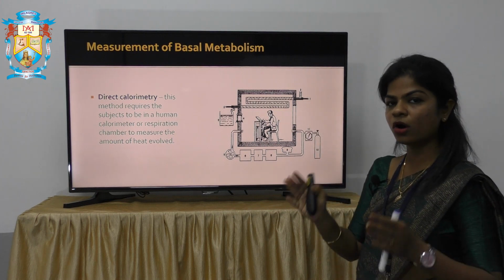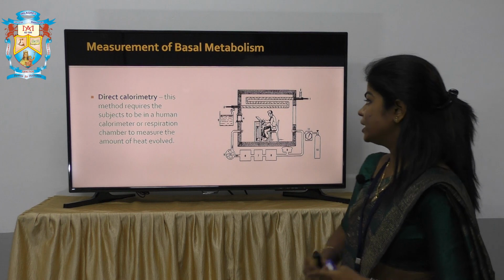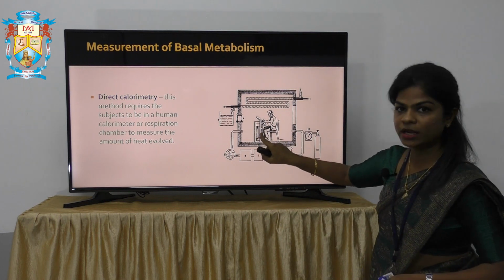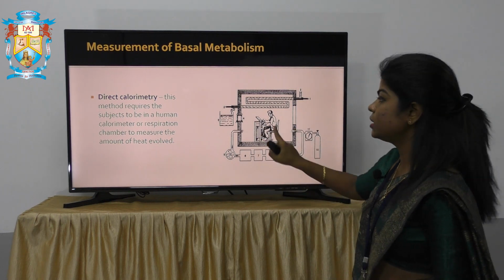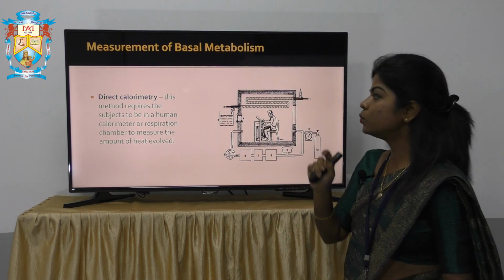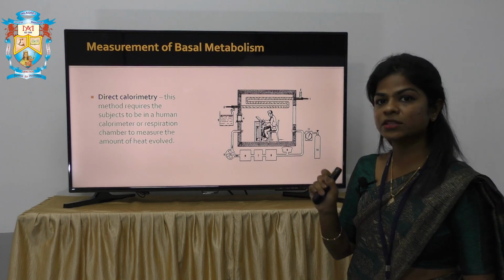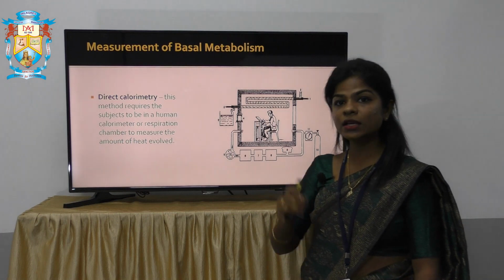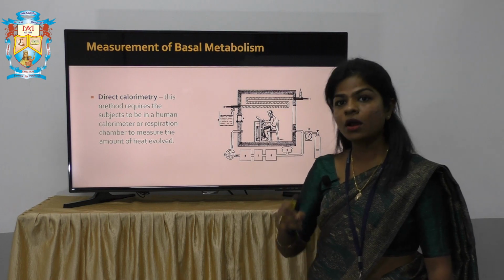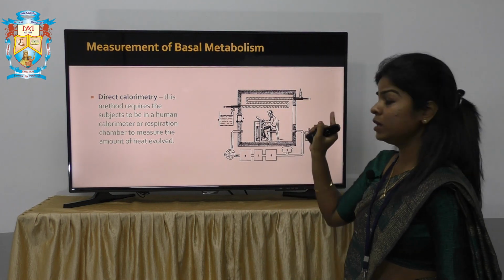Calorimeter means it's a small room with heavily insulated walls. Then, the heat liberated or generated by the subject is taken by the water which is passed through a series of fine pipes which pass through the calorimeter. Multiplying the difference in temperature between the incoming and the outgoing water, and also the volume of the water, gives the amount of heat evolved.